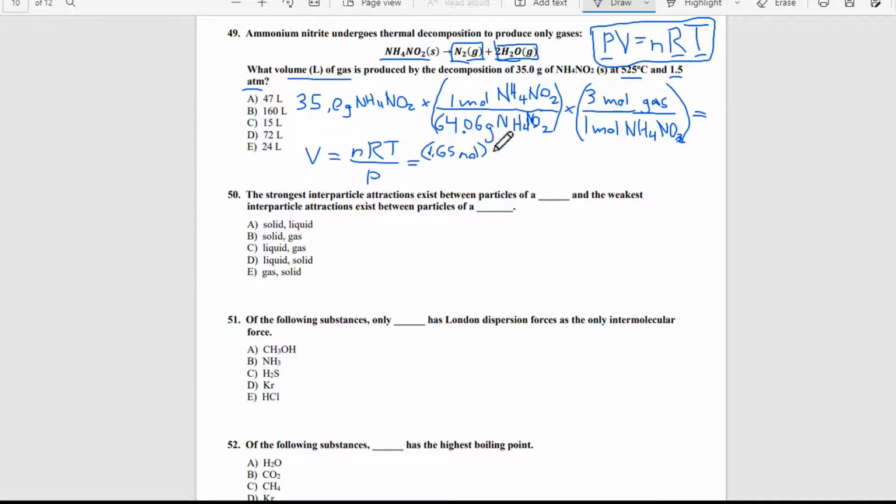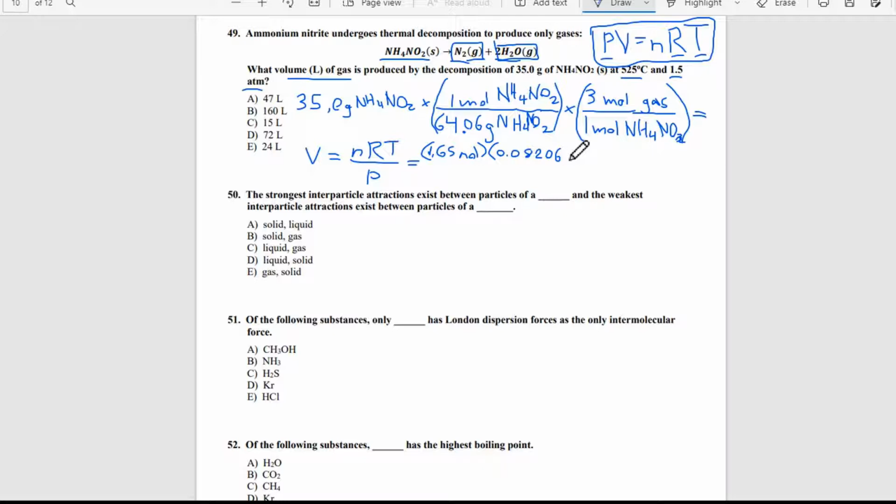And then my R value. Now, remember, the R value has to match the pressure unit. So what R value would I use if my pressure is in atm? 0.08206 liter atm per Kelvin mole. Just out of curiosity, does anybody know what it would be with millimeters of mercury or torr?